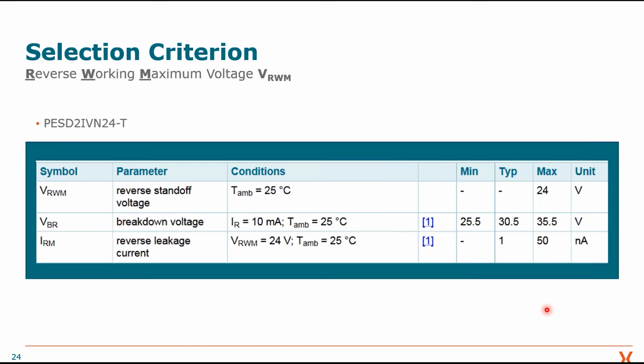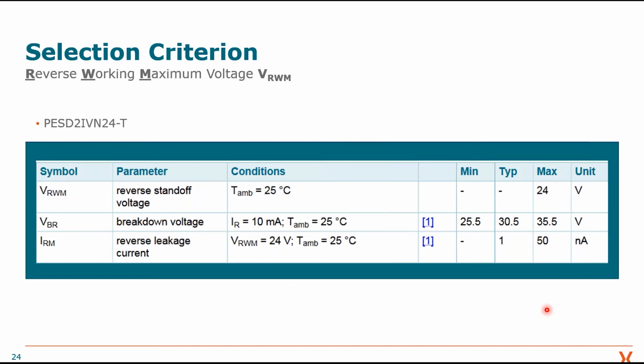Then coming to one of the main parameters, the reverse working maximum voltage, VRWM. This voltage is indicated at room temperature, and this voltage is the guaranteed voltage where the ESD protection is not activated. Again, at this voltage level, the ESD protection is not operating.